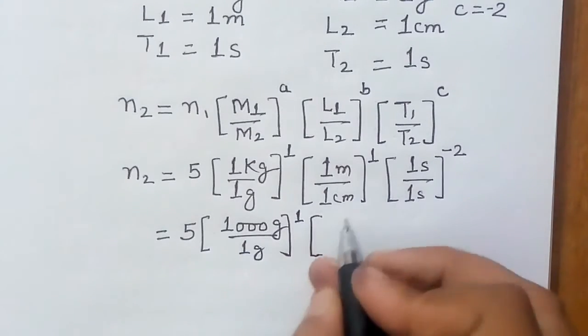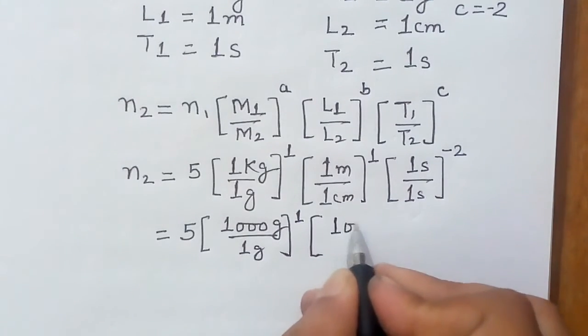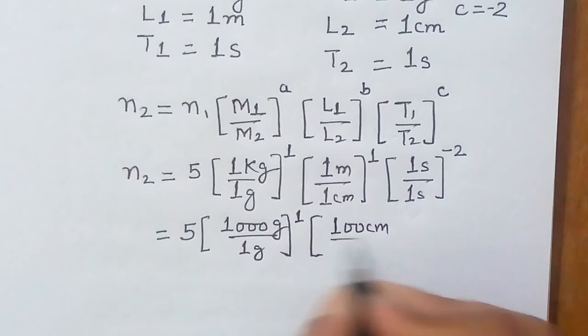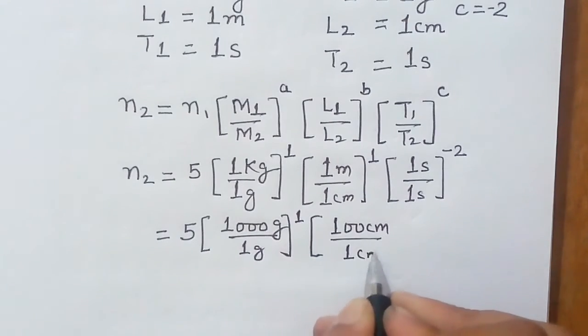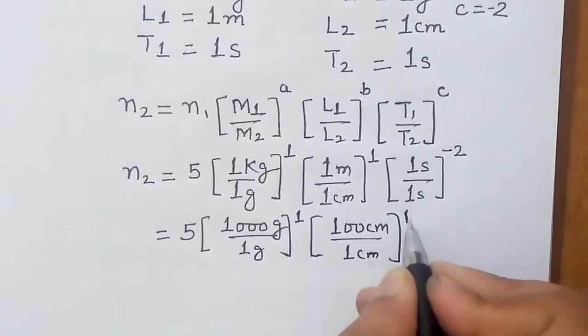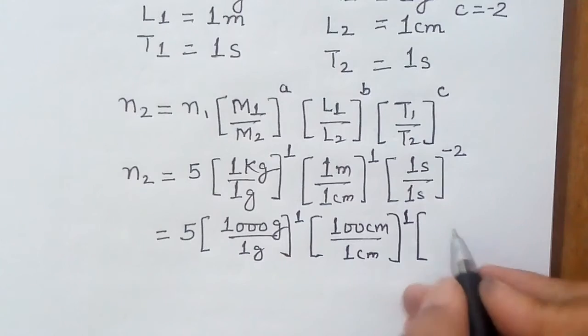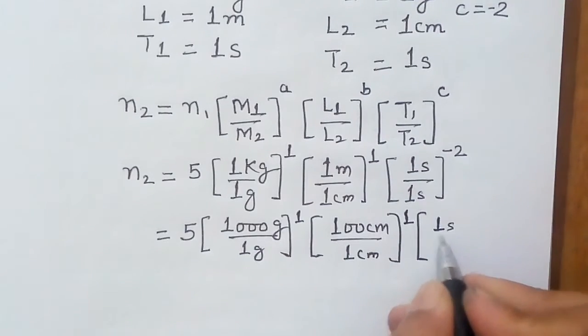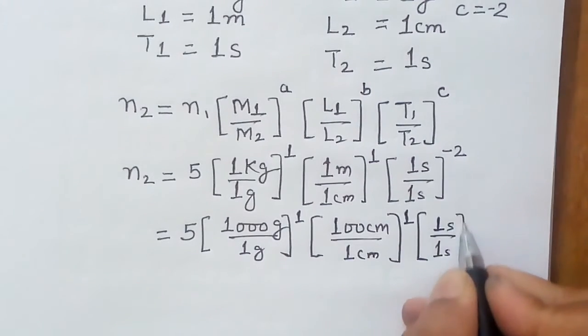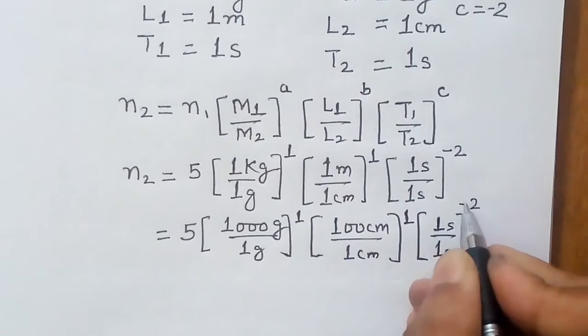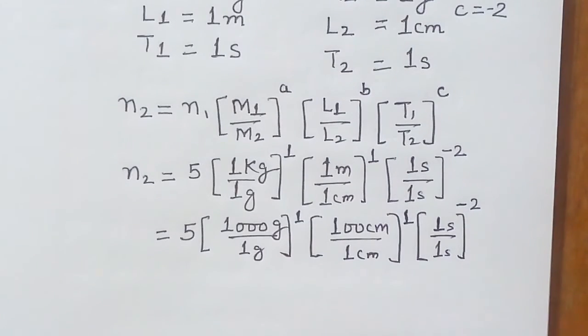Here meter is a bigger unit, so in place of that 100 centimeter divided by 1 centimeter to the power 1. And here both the units are the same, so we don't need to change the units. Power minus 2. Now here we cancel the units.